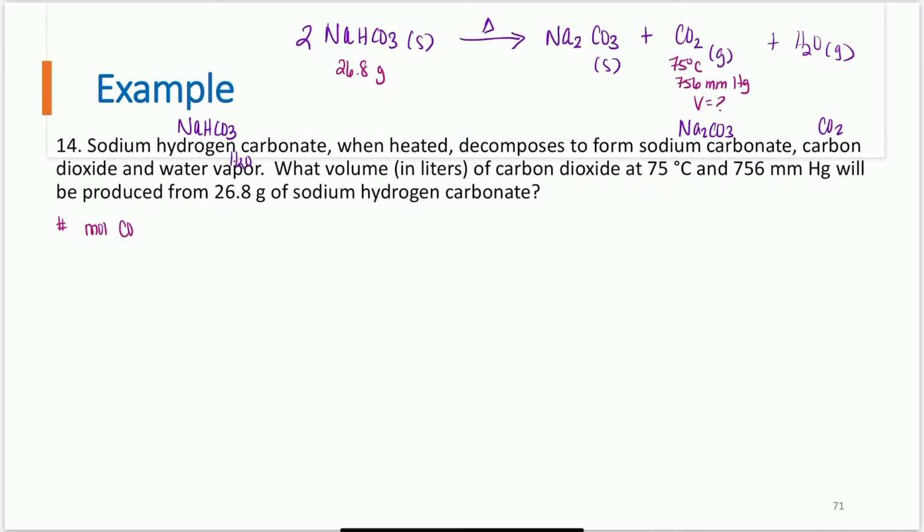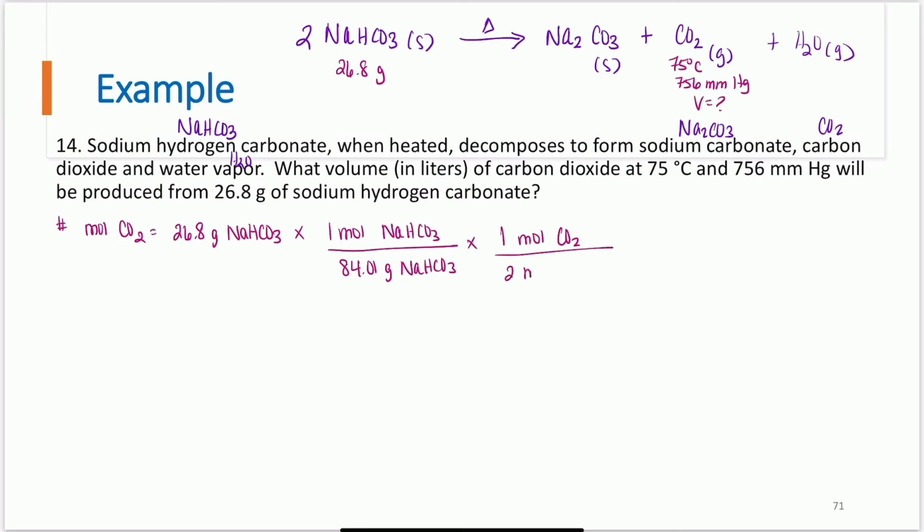Moles of CO2 from 26.8 grams sodium hydrogen carbonate. 1 mole of sodium hydrogen carbonate is 84.01 grams. 1 mole of CO2 is produced for every 2 moles of sodium hydrogen carbonate decomposed. 0.160 moles of CO2.